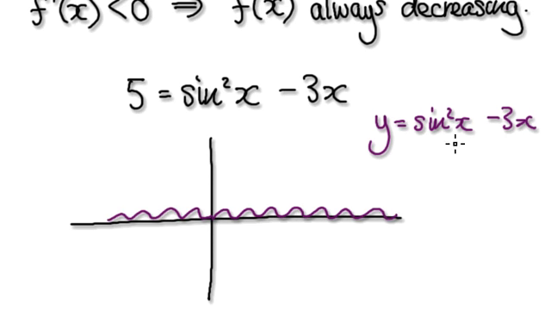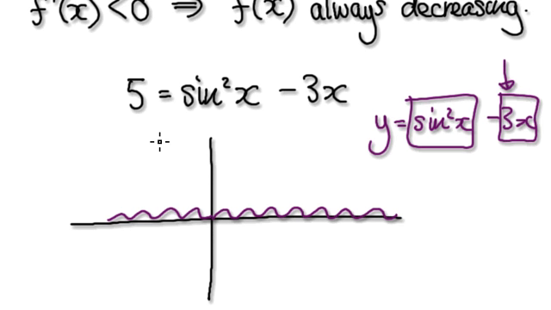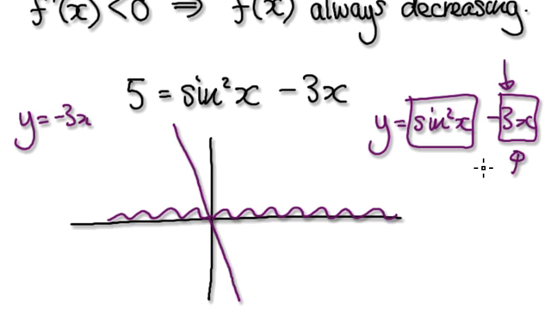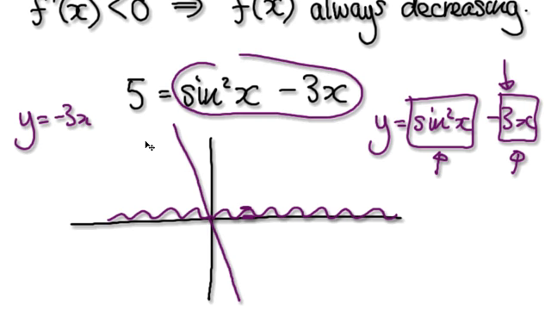At the moment you've got this block, take away this block here. If you draw this block, it will look like the graph of y equals minus 3x, a straight line with an intercept of 0. So here you've got this block plus a tiny amount, and your whole graph will look something like this.